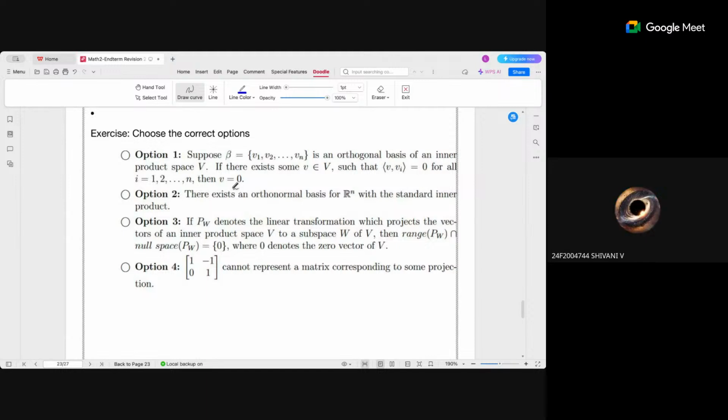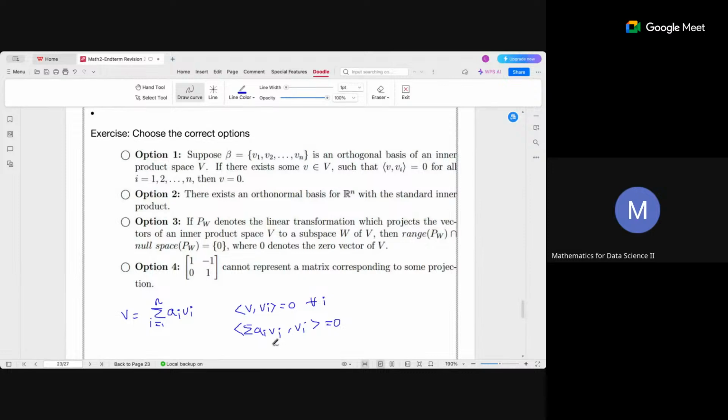How do you see it? v is any element from V and this is a basis, so can we write v as a linear combination of the v_i's? Yes. Now it is given that <v, v_i> = 0 for all i. What does that mean? Summation of a_i v_i.